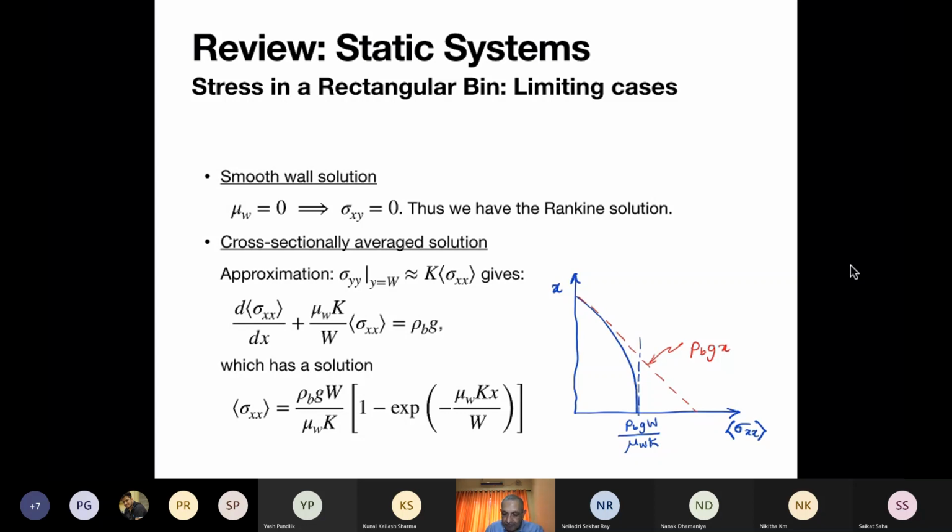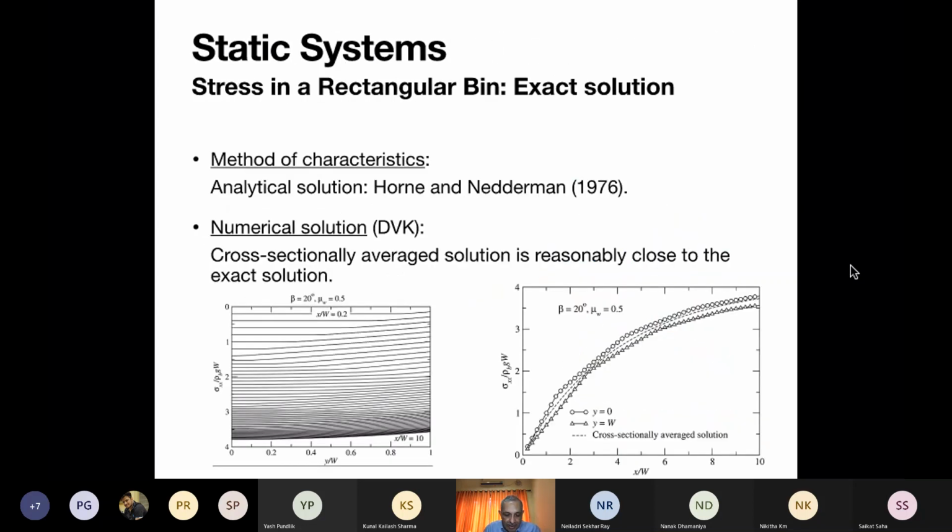So now if you look at the exact solution, you can see that sigma xx varies very slightly with y. Each line is for a particular value of x. X is the distance from the free surface in the direction of gravity. So this is near the free surface.